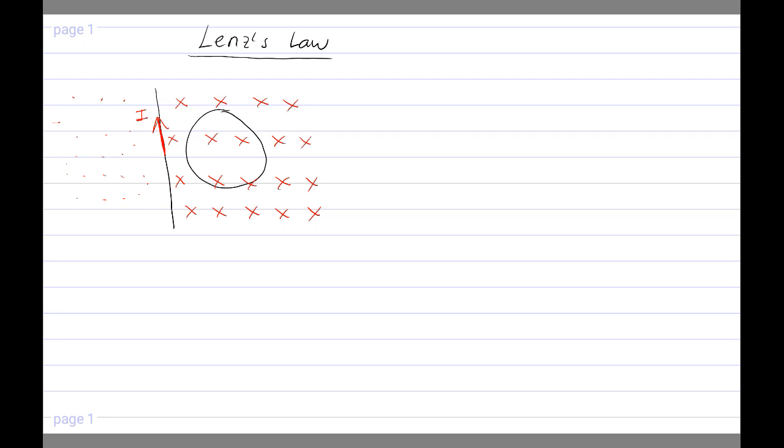Now, if we, let's say, increase I, so increasing I means that B will increase. Right? Because the magnetic field due to a current carrying wire, a straight current, is mu naught I over 2 pi r.